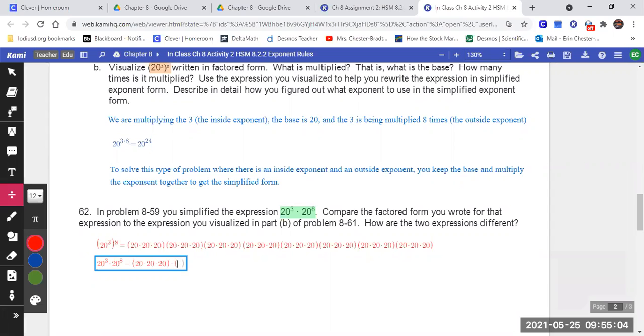Yep. 20 times 20 times 20, oops. There's 3, 4, 5, 6, 7. I got to fix that one. 8. 3, 4, 5, 6. I don't need this. Okay.